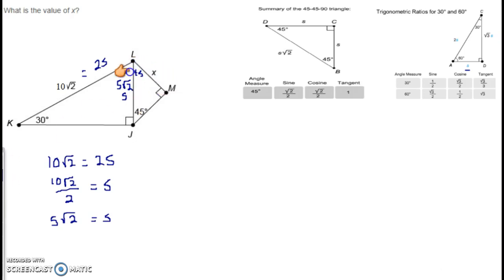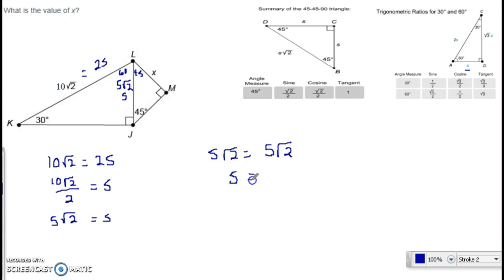So now let's look at our 45-degree triangle. The hypotenuse is S times the square root of 2. So S times the square root of 2 is equal to 5 times the square root of 2. And so we can divide both sides by the square root of 2 to find our S value.